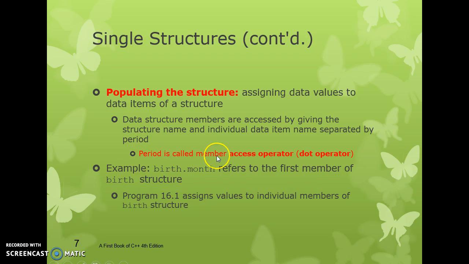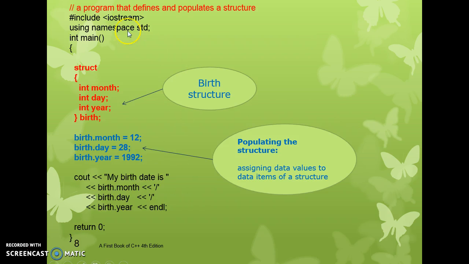The period is called the member access operator or the dot operator. You can refer to program 16.1, which shows how to assign values to individual members of the birth structure. This is a program that defines and populates a structure.